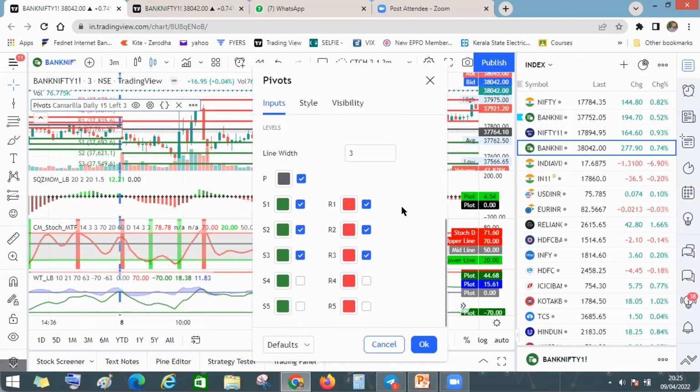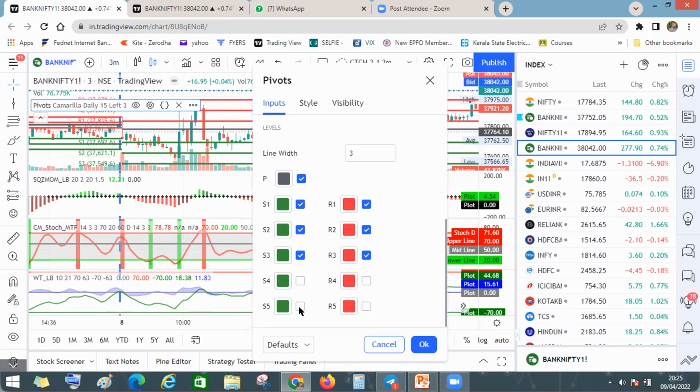If you scroll down, you can see the pivot in the gray color. I think you can see it, this gray color line above my cursor. That is the pivot line, and there are S1, S2, S3.